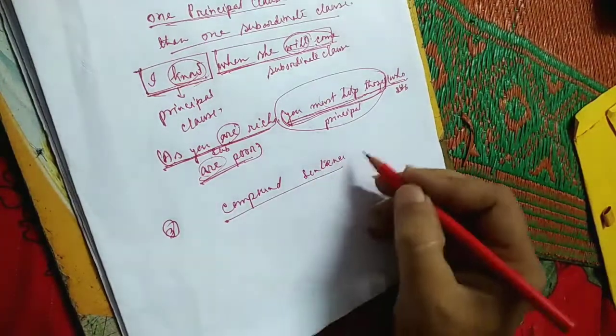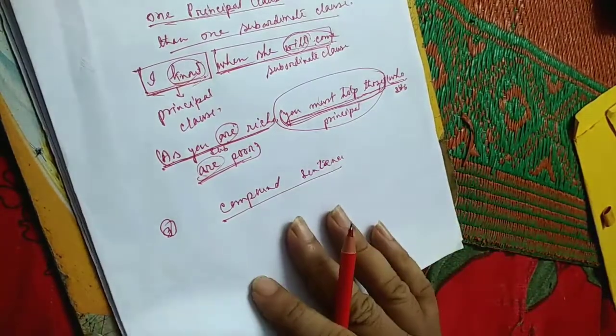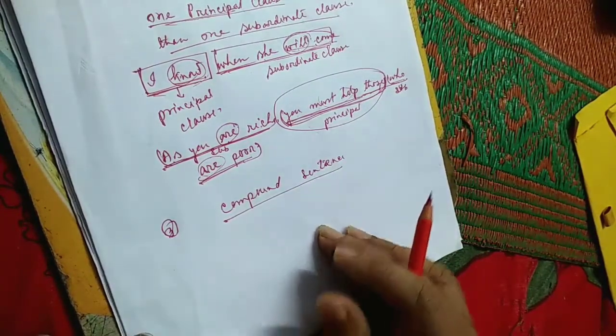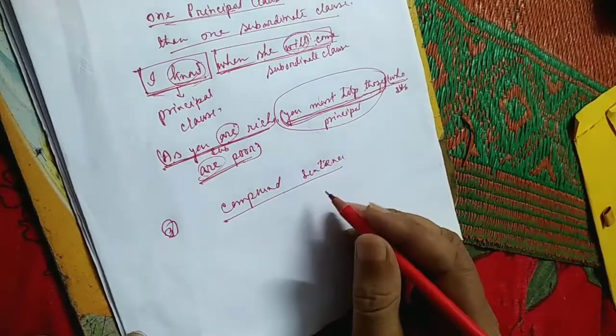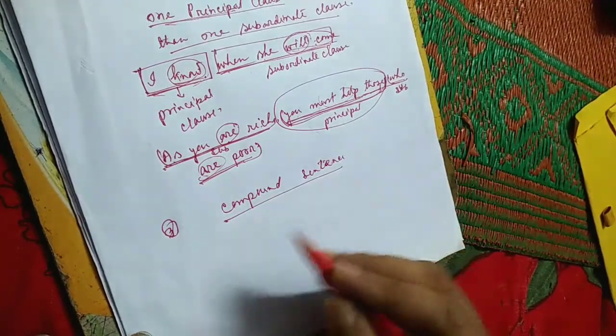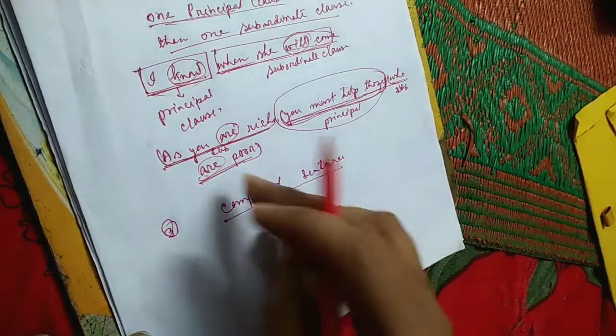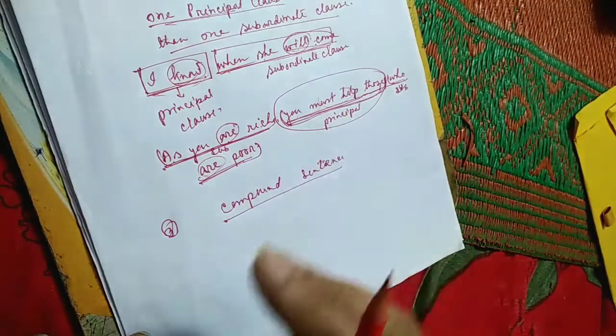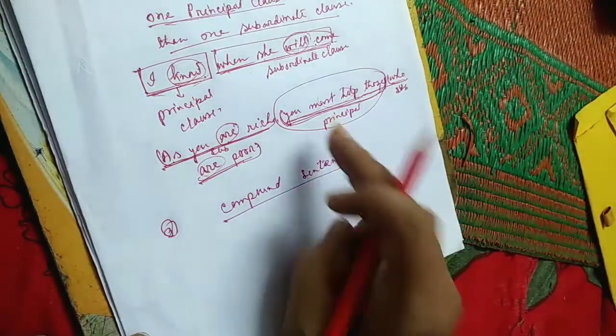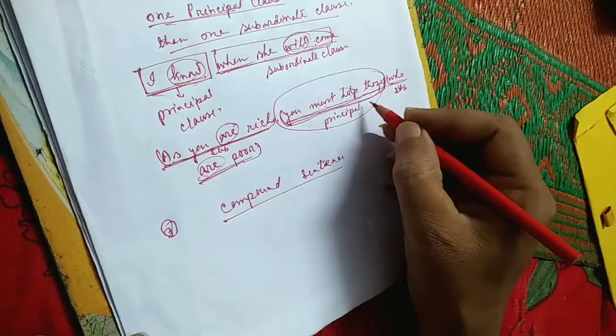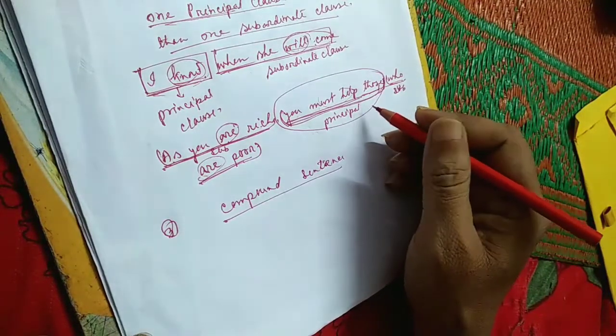Now compound sentence. What is compound sentence? A compound sentence contains two or more independent clauses. Here no subordinate clause, only principal or independent clauses. Principal clause is also called independent clause.